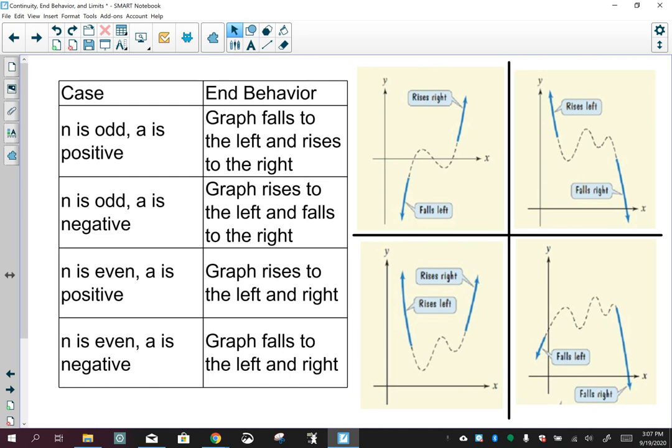So these are the 4 different graphs that we're going to be dealing with, and these are the only 4 options and answers you're going to have. You're not going to have anything else. It's only going to be one of these 4. You're either going to fall left and rise right, rise left and fall right, rise on both left and right, or fall on both left and right. Okay?